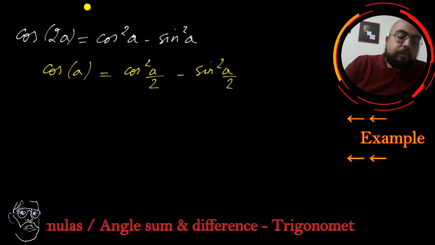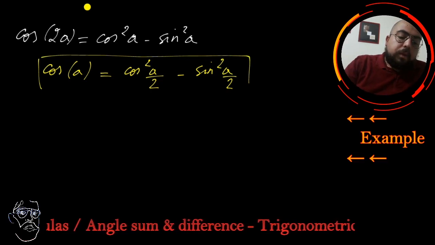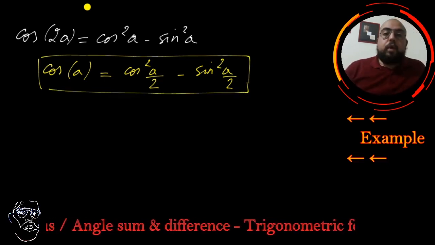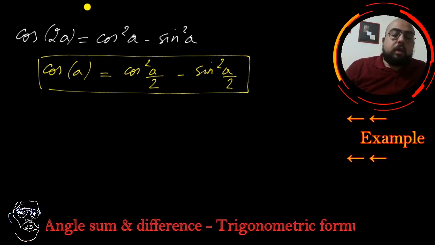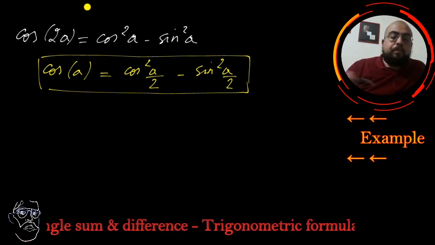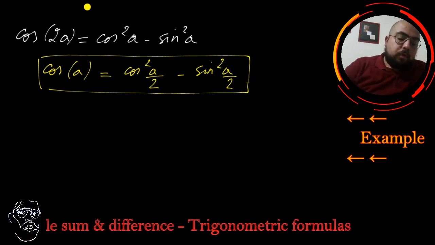Okay, so this formula you can simply use in case you didn't have 2a, you were using in your exercise simply cosine of a and you need to find a over 2. So this formula will also help you.